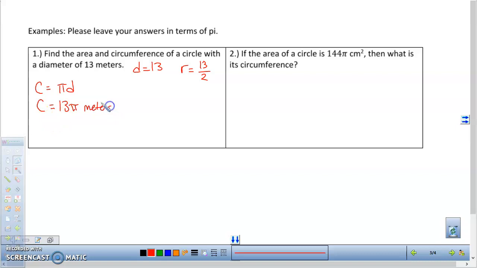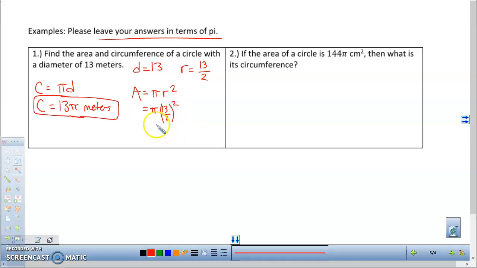Now, you guys, it is absolutely okay to leave our answer in terms of pi. In fact, most of the time, we're going to leave our answer in terms of pi. And that means don't give me an approximation, but leave the little pi symbol there. And that's absolutely appropriate because that's an exact answer. Now, for the area of the circle, we're going to do pi times the radius squared, which is pi times the radius, 13 halves, squared.